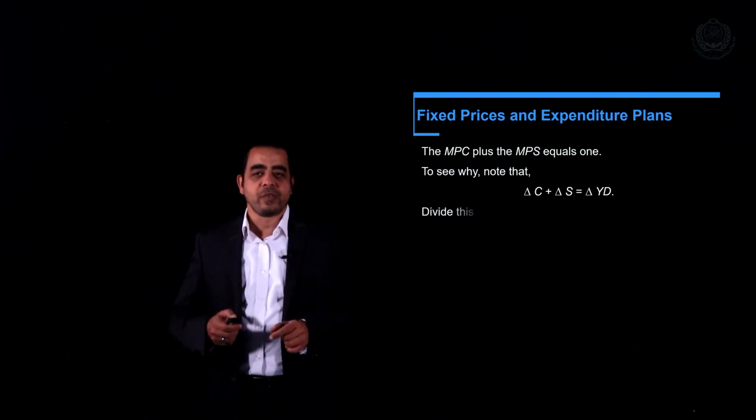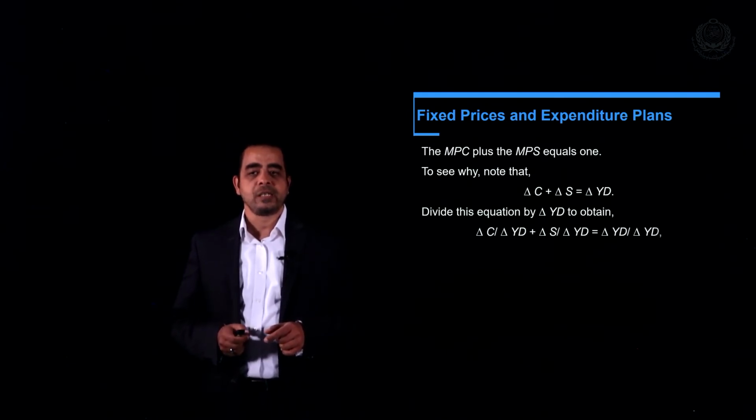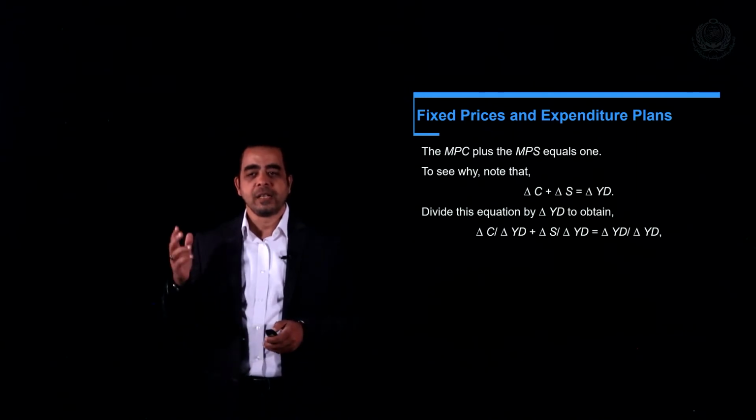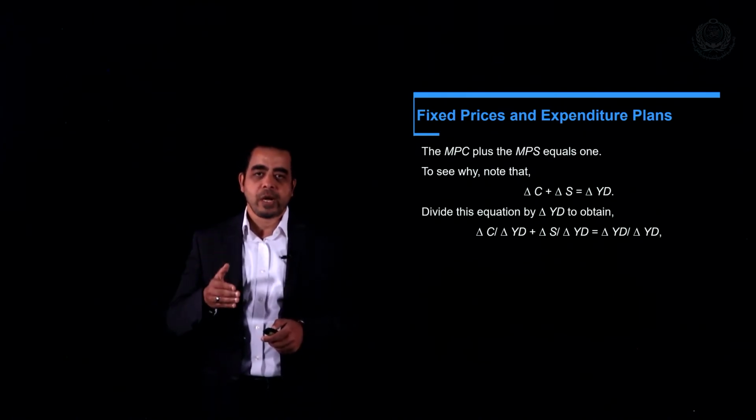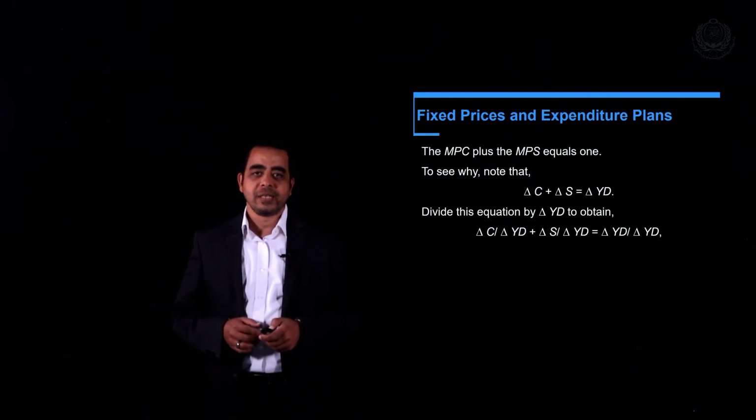If we divide both sides of this equation by delta YD, we end up with this interesting formula: delta C over delta YD plus delta S over delta YD equals delta YD over delta YD.